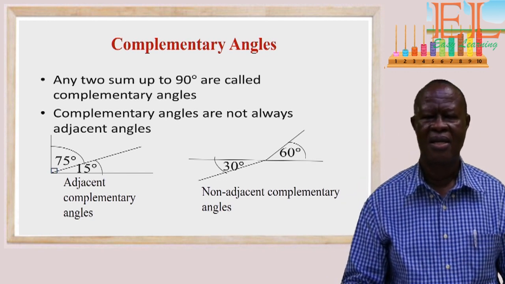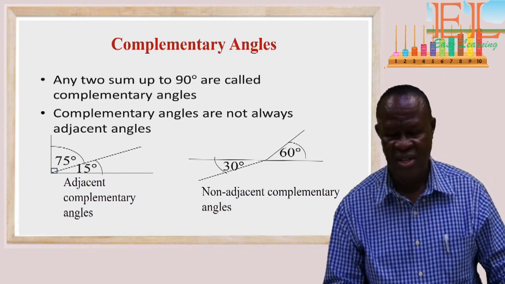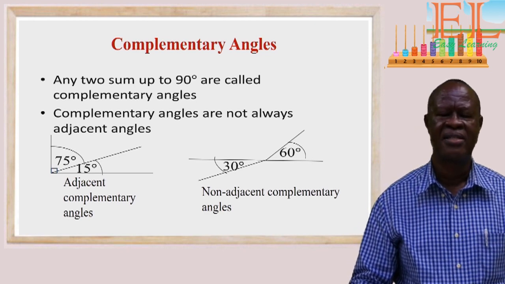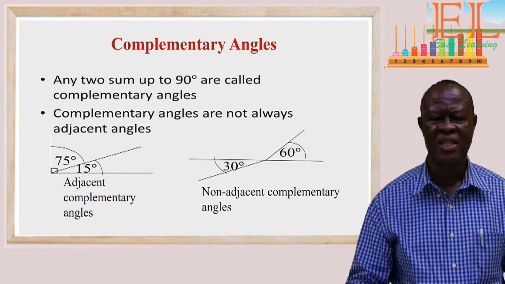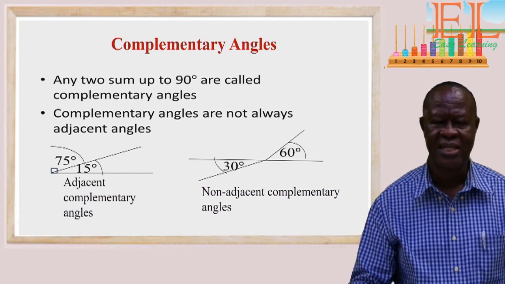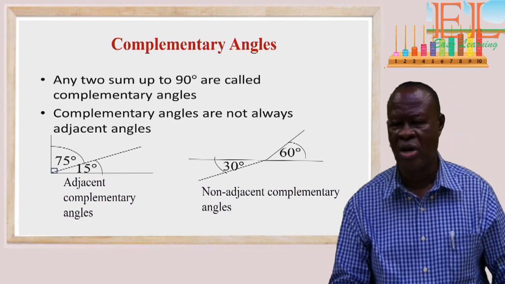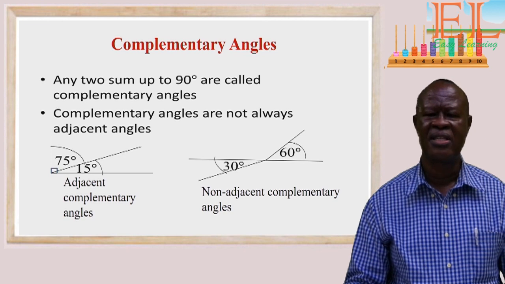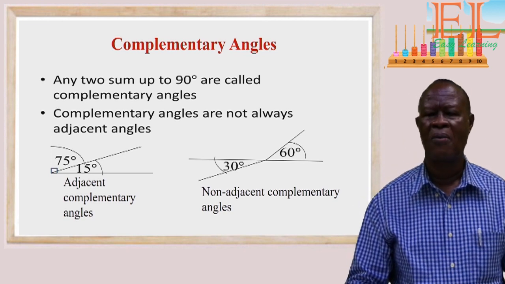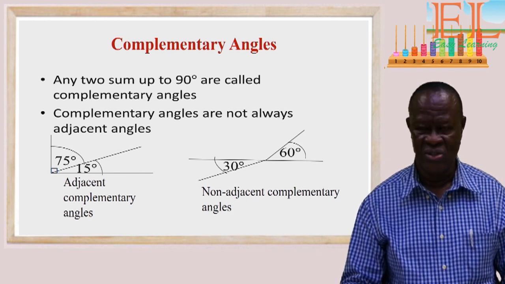Complementary angles are not always adjacent angles. From the drawing we have on the board, 75 degrees is close to 15 degrees, so we can say that it is adjacent. So we can call it adjacent complementary angles. However, in the second drawing, 30 degrees is not near 60 degrees. So we can call it non-adjacent complementary angles.